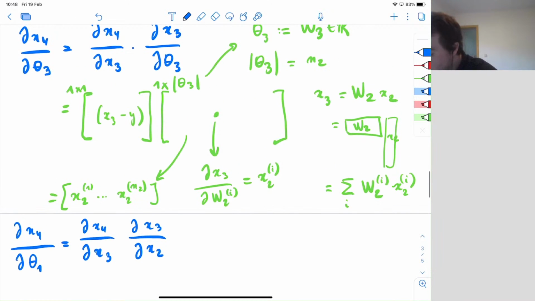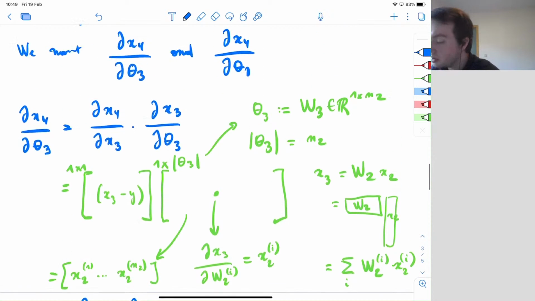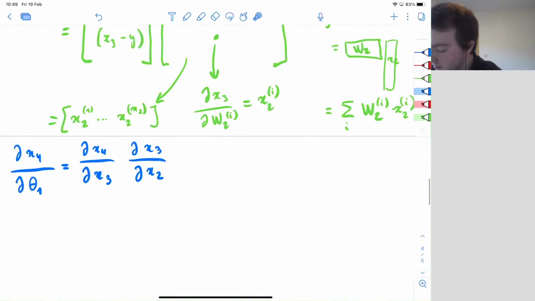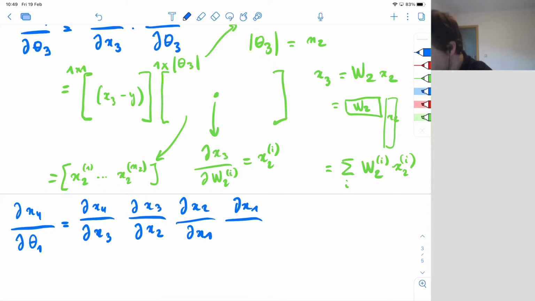You should note that here now the second factor is different from before because we need to go further through the computation. And now theta 3 is considered as a constant, but we need to backpropagate through x2, x1, and then finally x1, which depends on the parameters that we care about, which is theta 1.